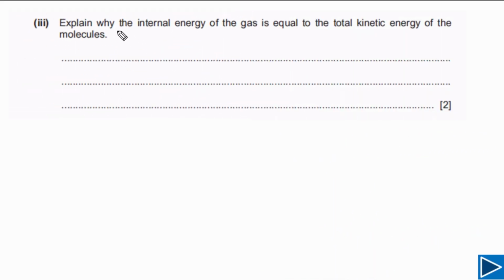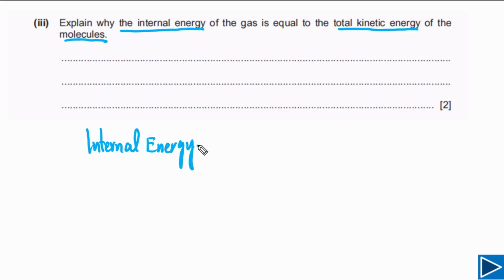For this question, we need to explain why the internal energy of the gas is equal to total kinetic energy of the molecules. Internal energy of any gas is equal to sum of kinetic energies of molecules plus potential energies of molecules. But in case of ideal gases, there are no attractive forces between molecules.